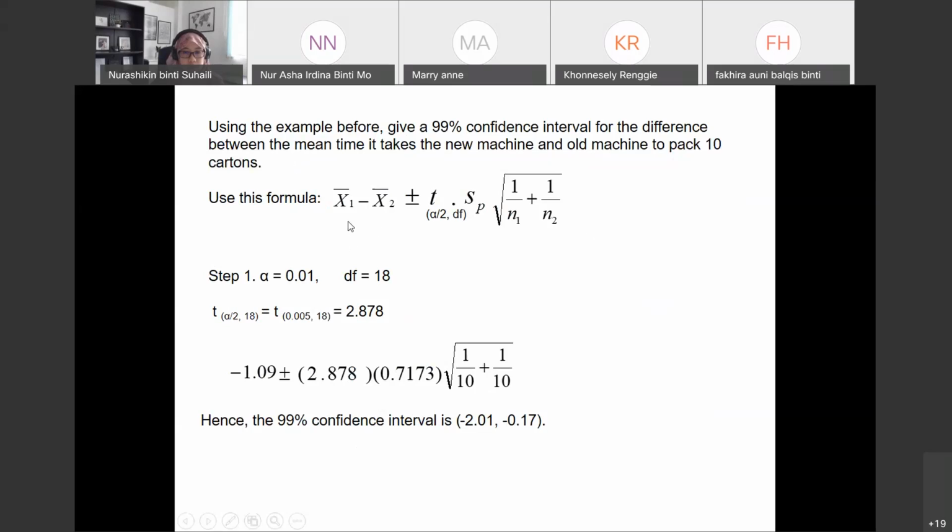Let me highlight what's the important thing. This is the thing that you have to plus minus. It's not only the mean of one, but the difference between sample one and sample two. This T is the one from the table, T tabulated.